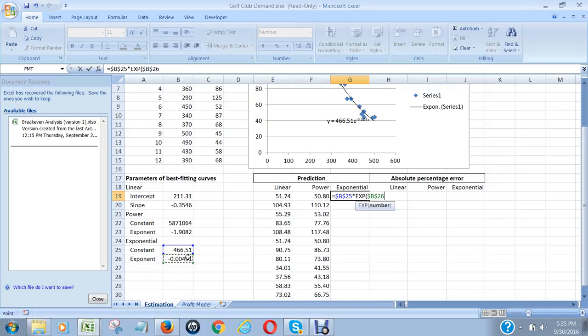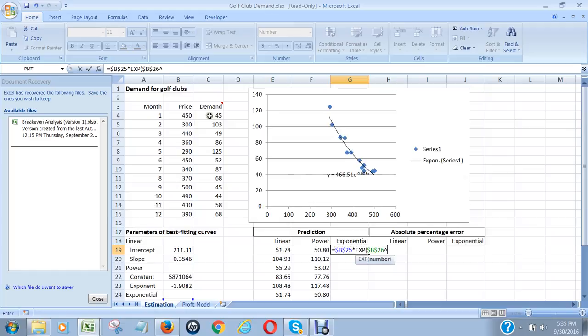raised to the power of B4. Which is going to be this particular price.